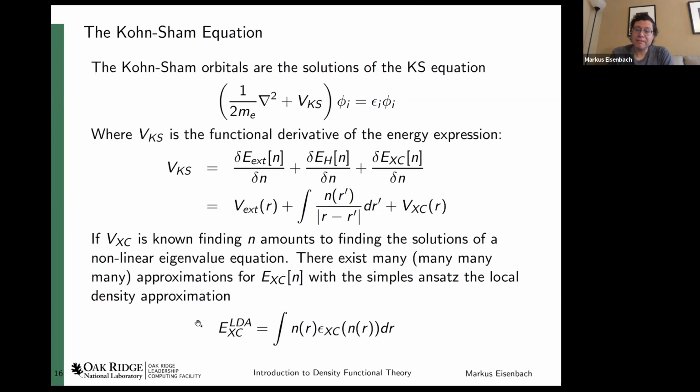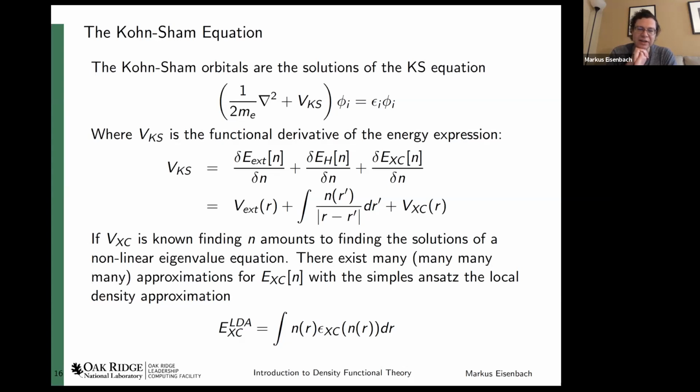There exist many approximations for the exchange correlation energy. One of the simplest ansatz, and one that we've been using quite a bit, and that was originally already pointed to in the Kohn-Sham paper, is the local density approximation.